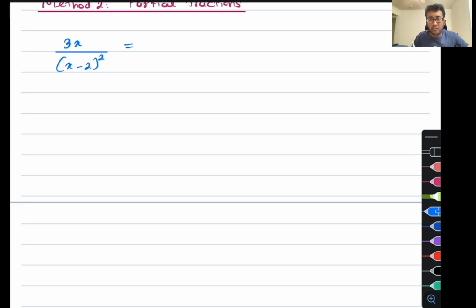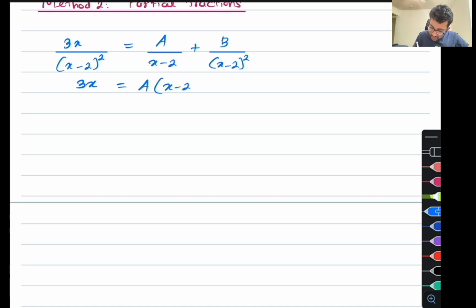I am going to find partial fractions. So it is going to be a divided by (x minus 2) plus b divided by (x minus 2) to the power 2. If I multiply both sides by (x minus 2) to the power 2, I'll get 3x equals a times (x minus 2) plus b.